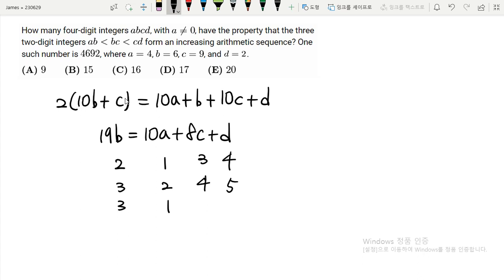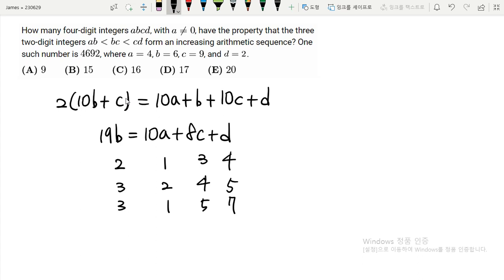Now what will be the value of C and D? Now AC plus D is 47 instead of 37. So that's another case. That's enough for 3.